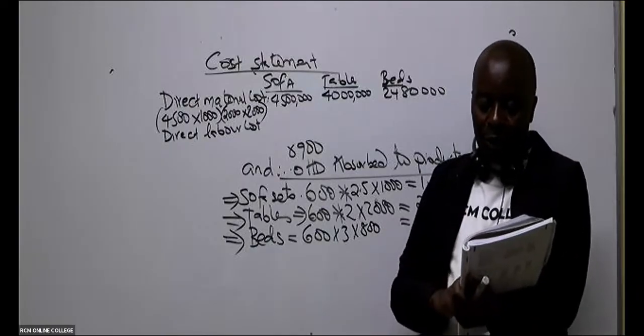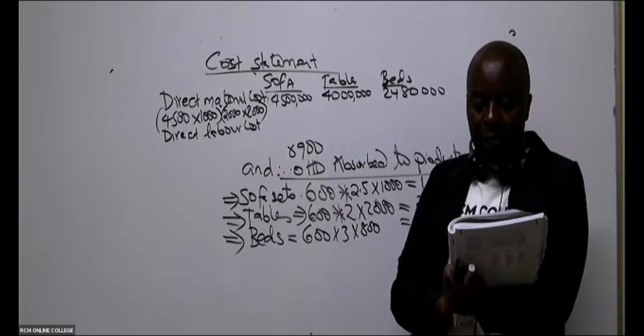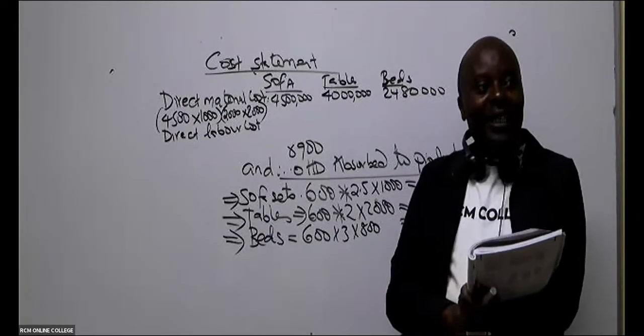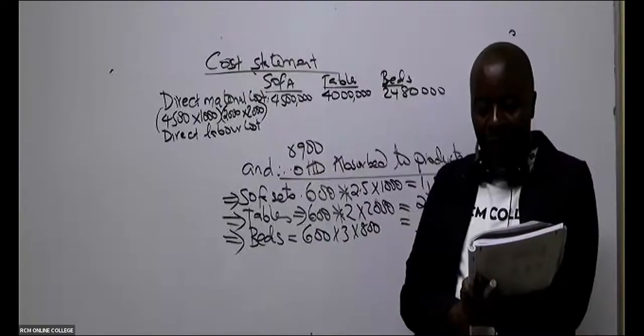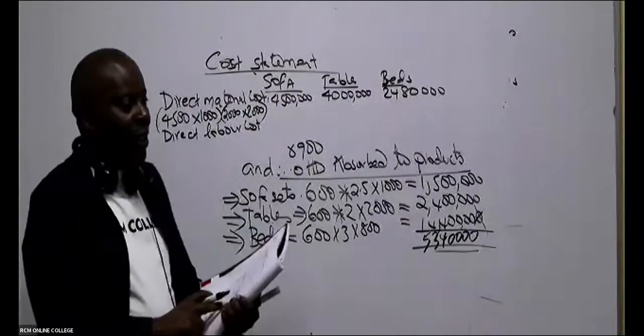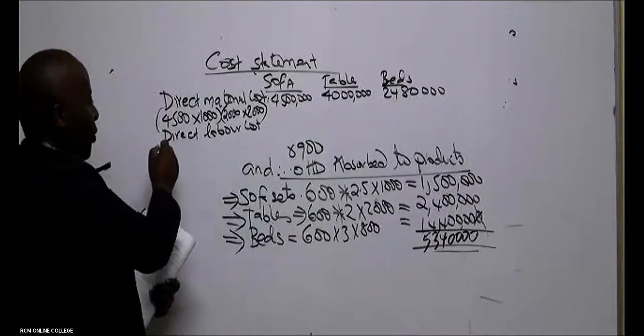Now, my good students, are you able to see what is the direct labor cost per hour? Direct labor cost per hour, we have 1,000.